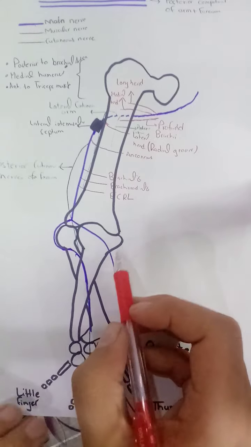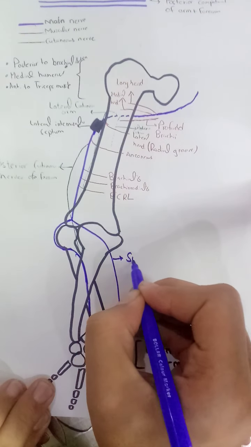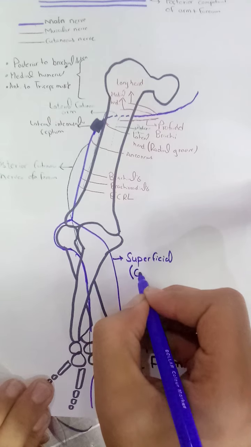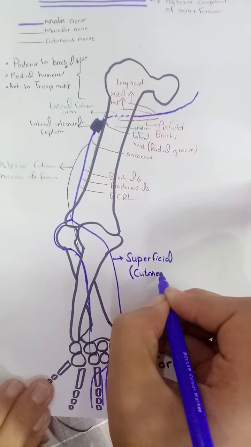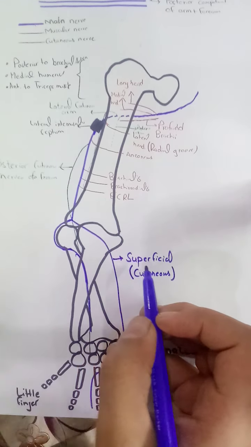Now we will move toward this forearm region. Here first of all we will label the main branches. This was the superficial branch, and this was fully cutaneous, meaning that it will not supply any muscle. And this was the deep branch, and it was muscular.